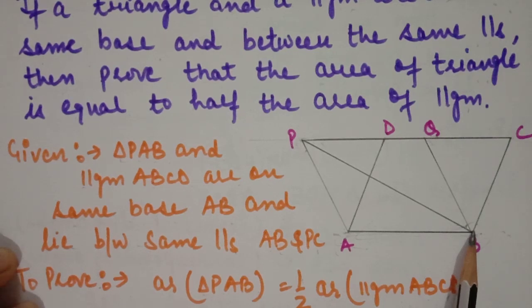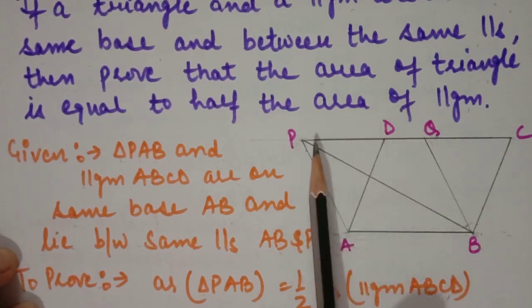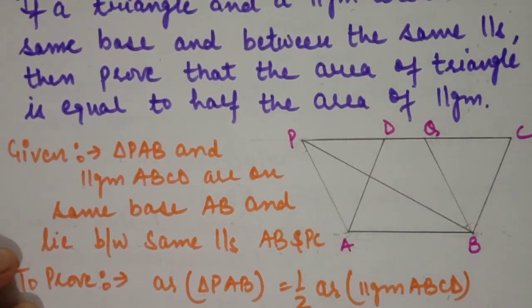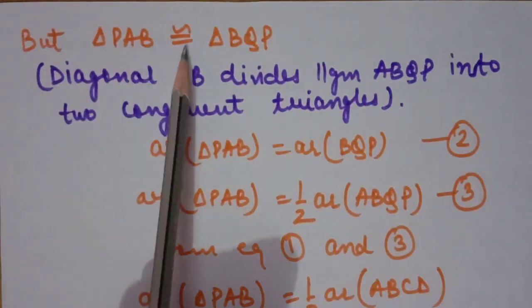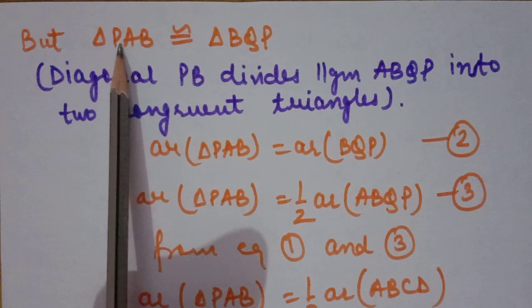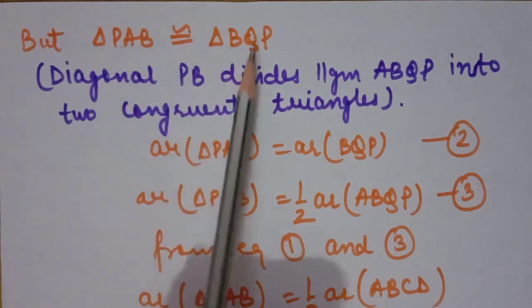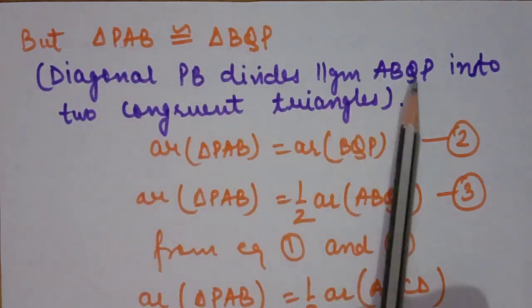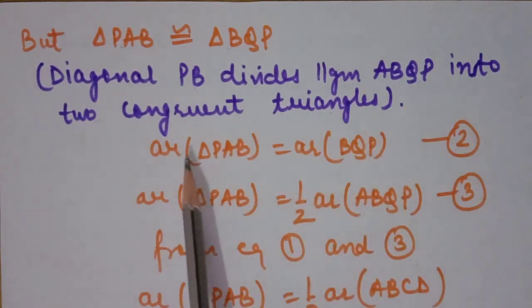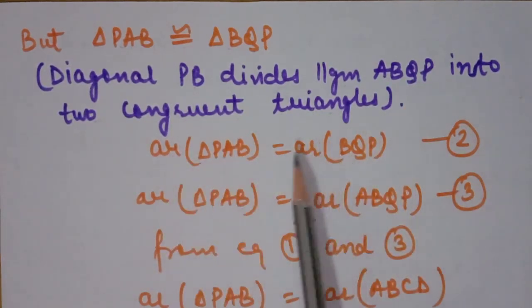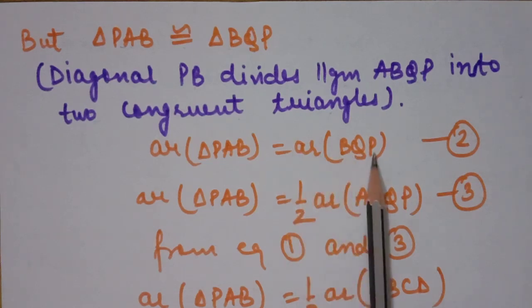It means they are equal in area also. So definitely area of ABP and area of PQB are equal to each other. So triangle PAB is congruent to triangle BQP because diagonal PB divides the parallelogram APQB into two congruent triangles. So definitely area of triangle PAB is equal to area of triangle BQP.